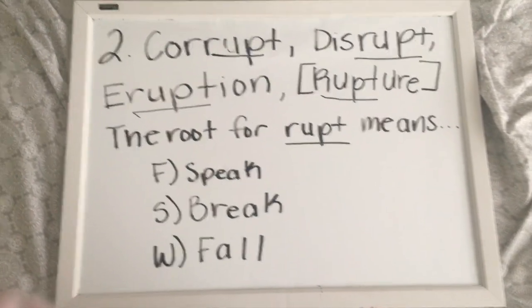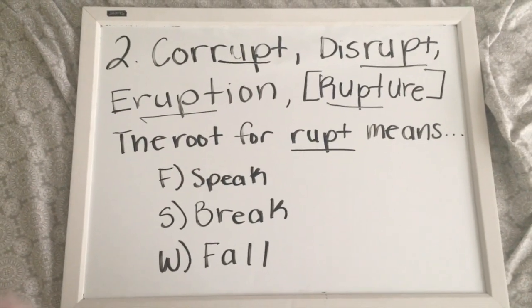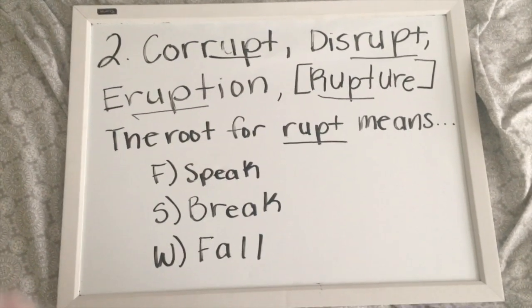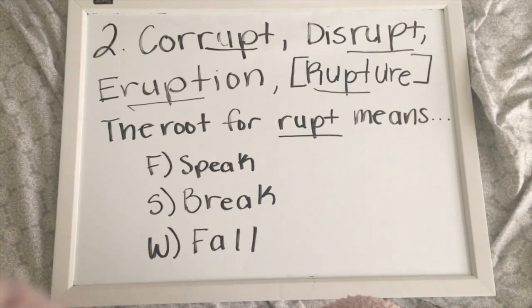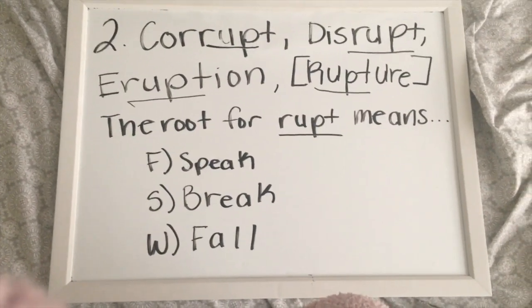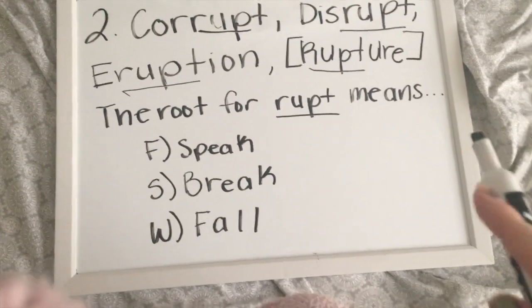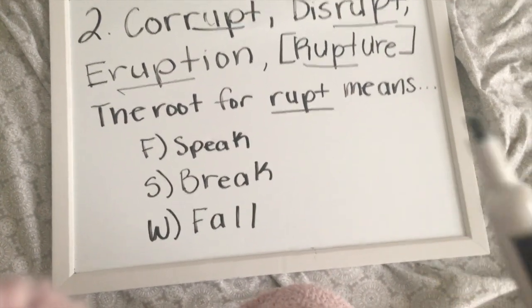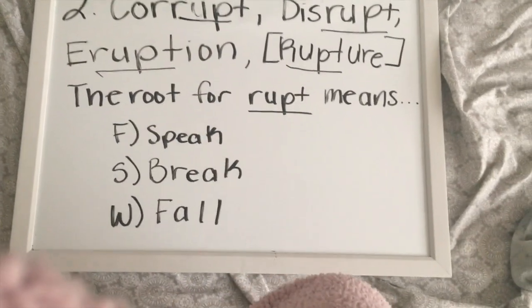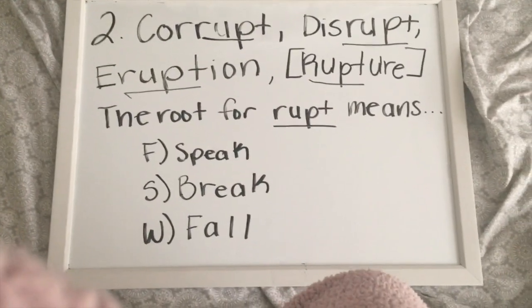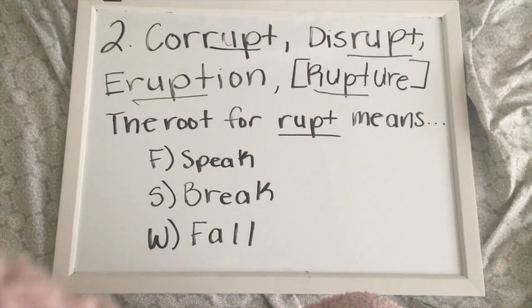Start with the word eruption. Eruption. Now, what can we think of that has an eruption? Good, a volcano has eruption. And let's take the word that we used before. Rupture. What can you rupture? Rupture a bone, rupture a muscle.